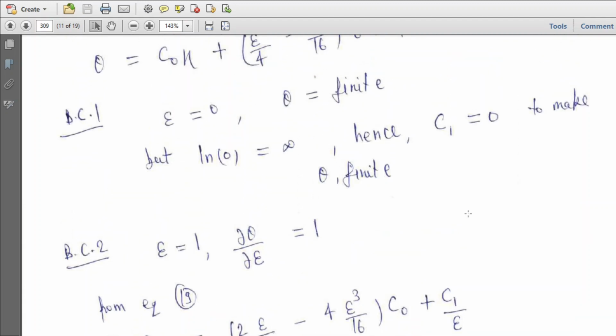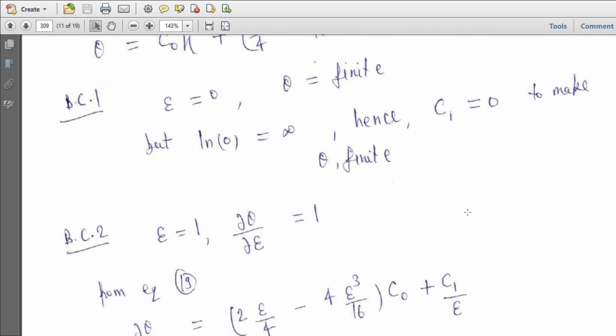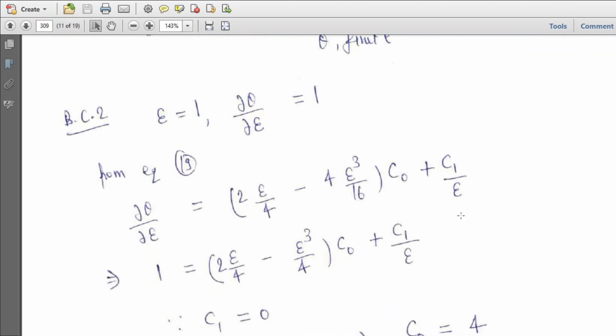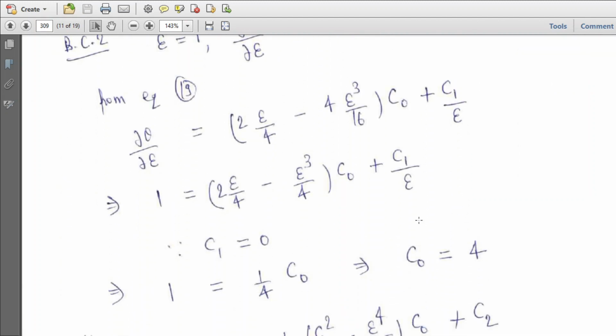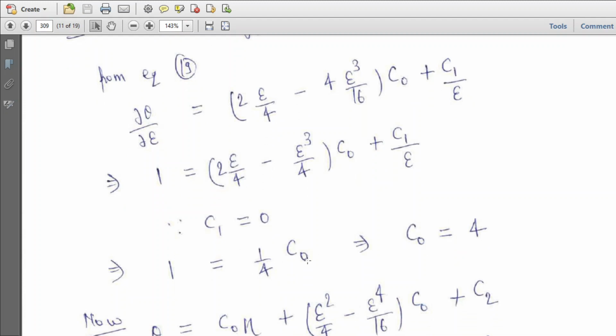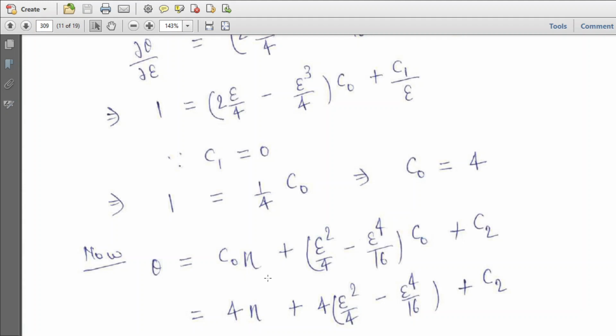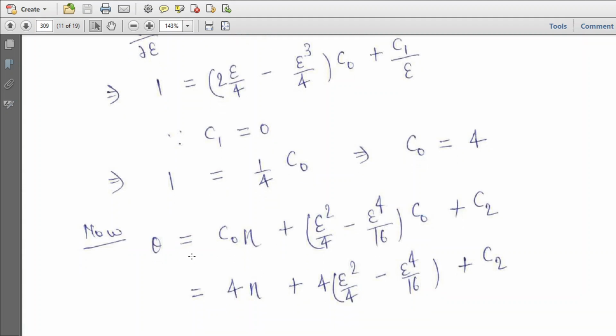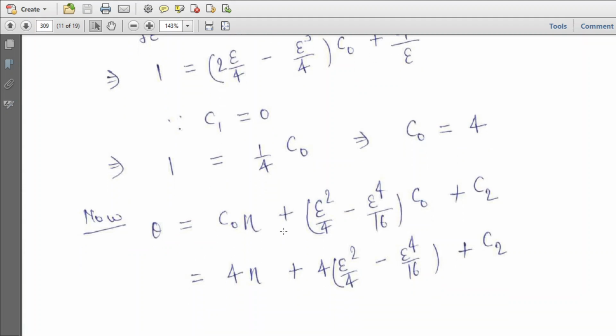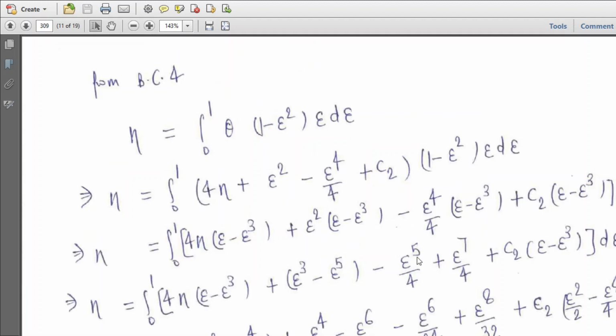We have already proved that C1 equal to 0. So if you put that, from here you will get constant C0 equal to 4. Now your theta expression, by putting the value of constant C0, is theta is 4 eta plus 4 epsilon square upon 4 minus epsilon 4 upon 16 plus C2.